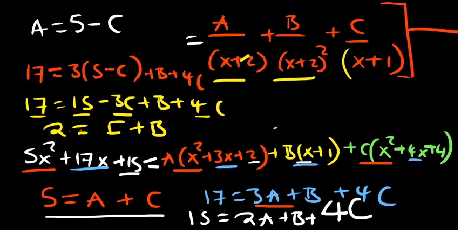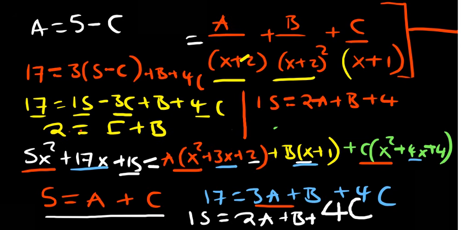So c plus b is equal to 2. The last equation we have is 15 is equal to 2a plus b plus 4c. Okay, let's try to move on.